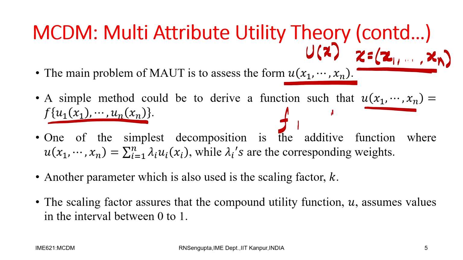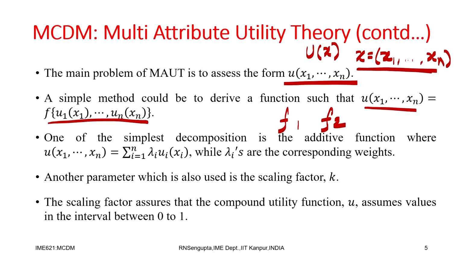Given f 1 and f 2, which are the objective functions, I am considering only two, you can optimize f 1 or f 2, bringing the other objective function in as part and parcel of the constraint. Or else, case 2 method is you combine f 1 and f 2 in a convex combination way, that means give weightages of lambda 1 and lambda 2 to f 1 and f 2 respectively, such that the weights add up to 1. Weights means lambda 1 plus lambda 2.